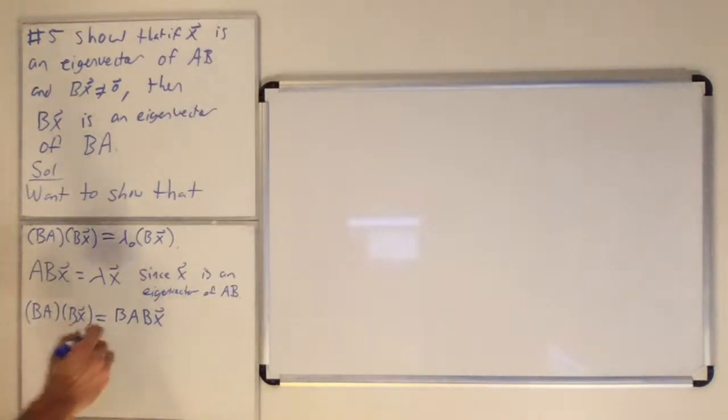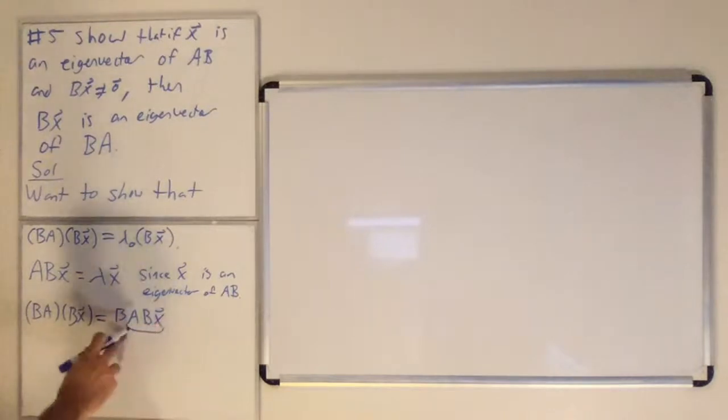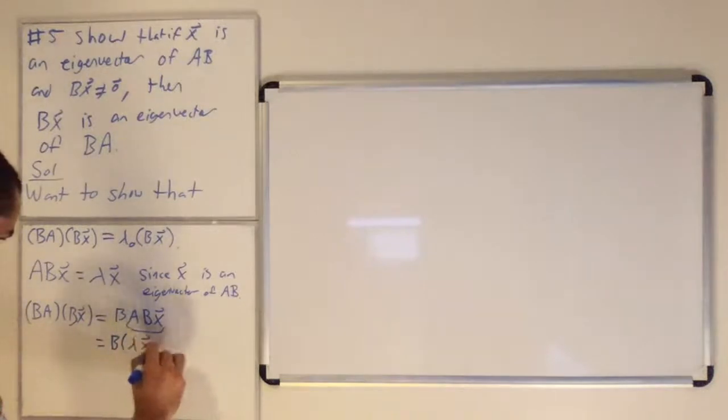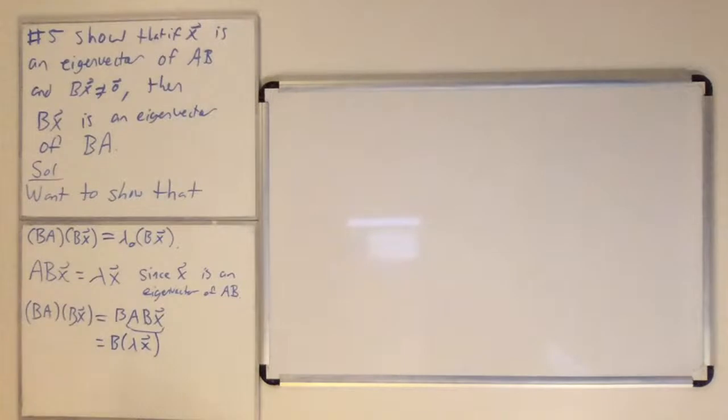And now look. What is this? A times B times x? Well, that's lambda x. Right, so this is equal to B times lambda x, where lambda is just some scalar.